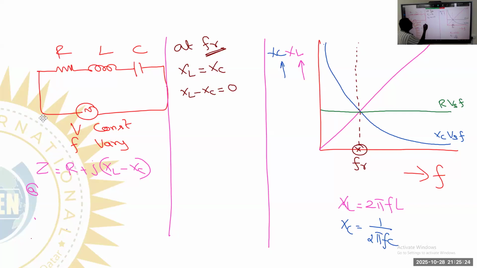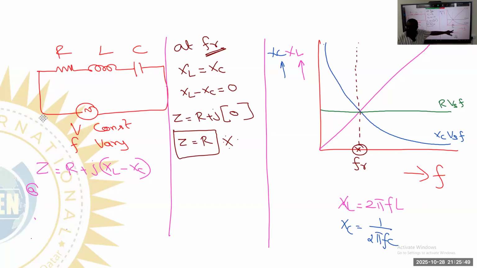At this frequency, what is Z? Z is equal to R plus j times 0, because XL minus XC becomes 0. So that's why Z is equal to R. So from this, what we understand is, this is the RLC circuit. At this frequency, this RLC circuit behaves as a resistance. Then what is the power factor?